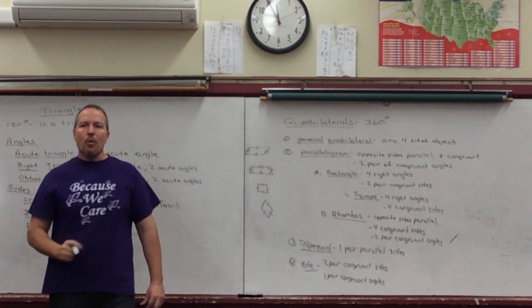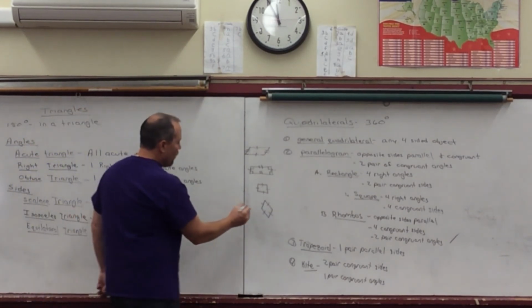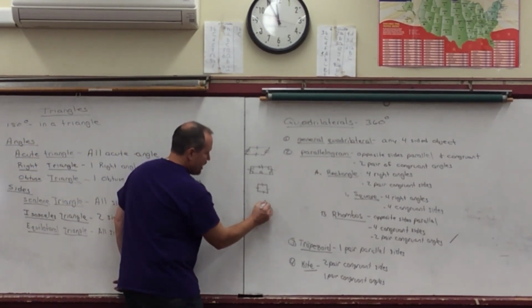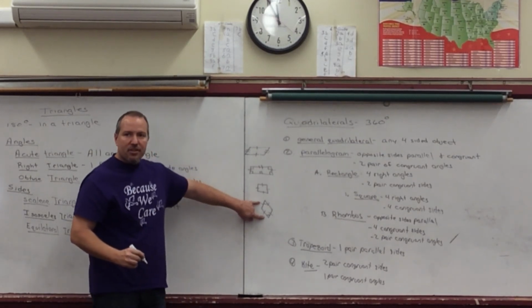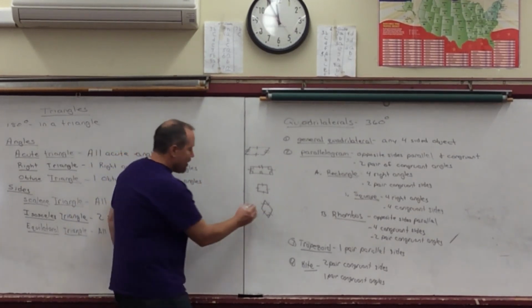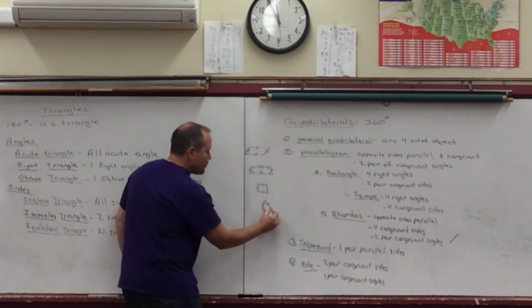A way to tell if the angles are congruent is you're going to see little arcs. Here's one arc, and there's one arc. Since there are single arcs, that means they're congruent. Now, this is congruent with this, and so there are two arcs.